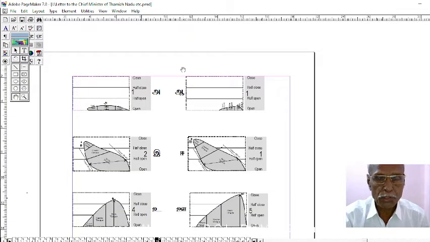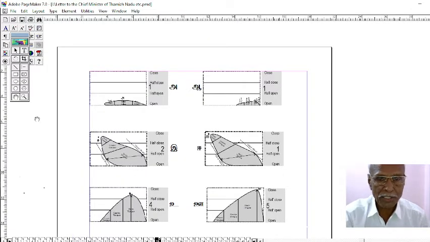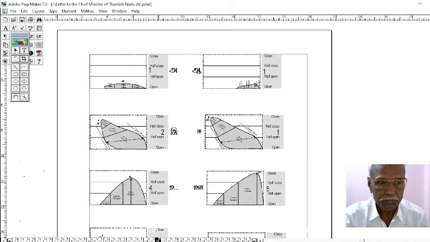Dear teachers and students, see here again the 10 positions when the short and long vowels are produced. A, center of the tongue. A, back of the tongue.